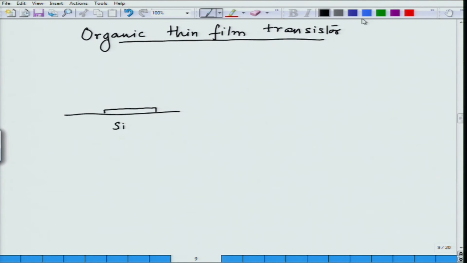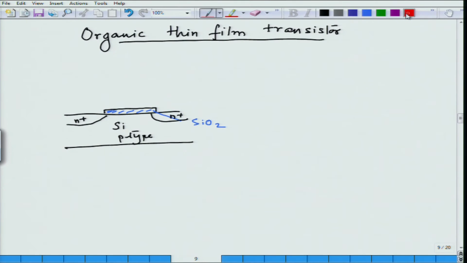This is the oxide, SiO2, and I am going to start with normally p type silicon for making an n MOSFET, and I will create the drain and source contacts by doping it n plus. So, that I will create an inversion layer here, and then my MOSFET will work.